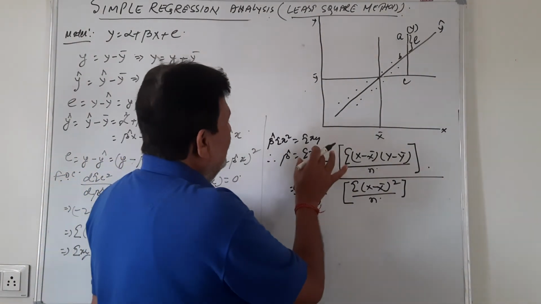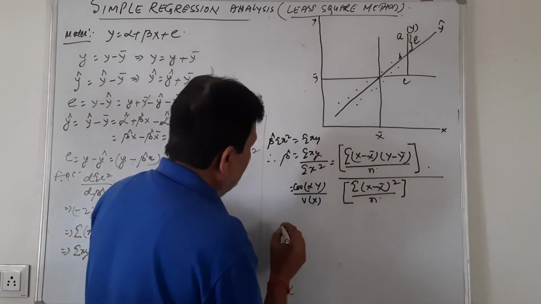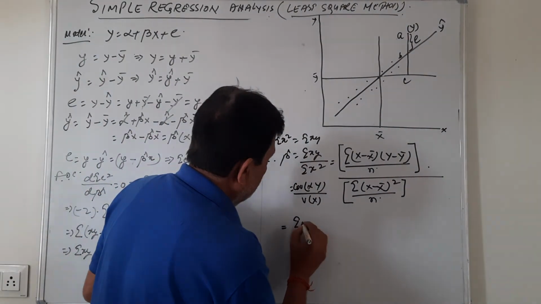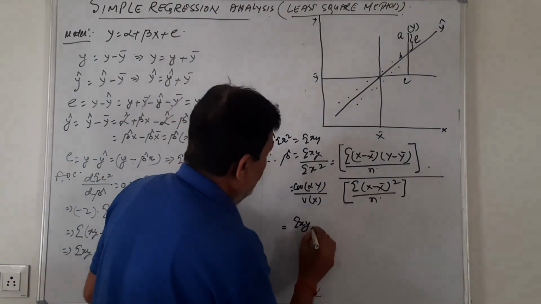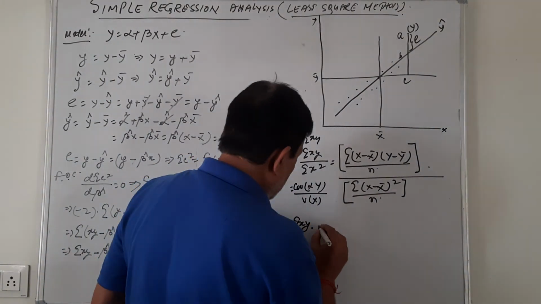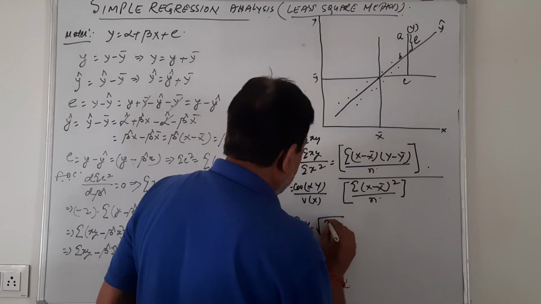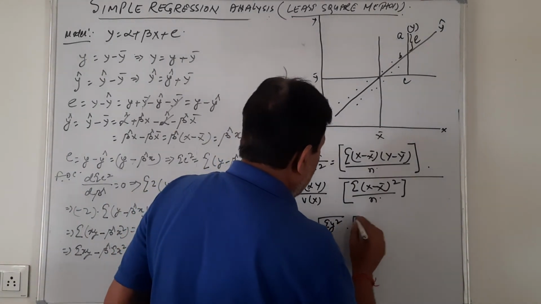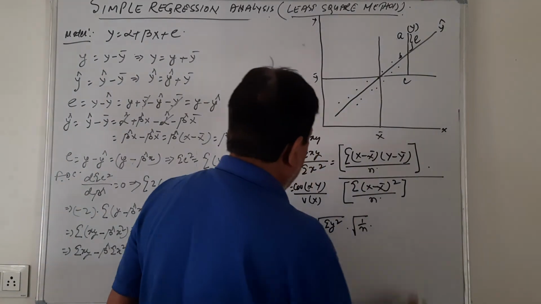Now this summation xy by summation x square could be expressed as summation xy into under root summation y square and under root 1 by n.